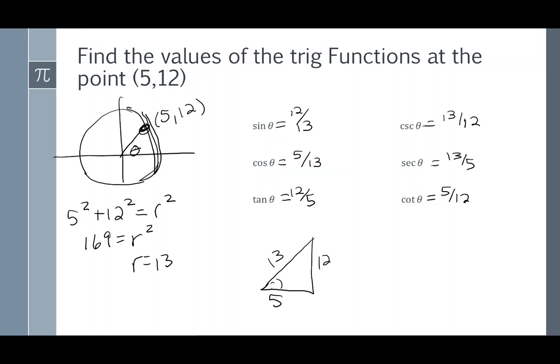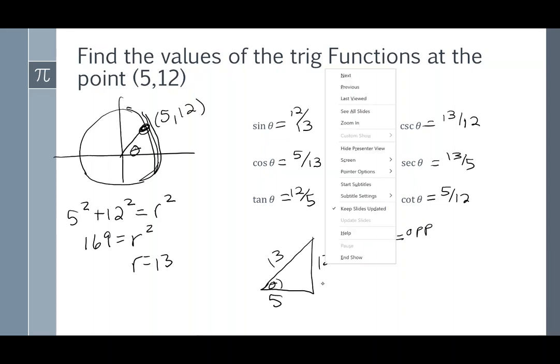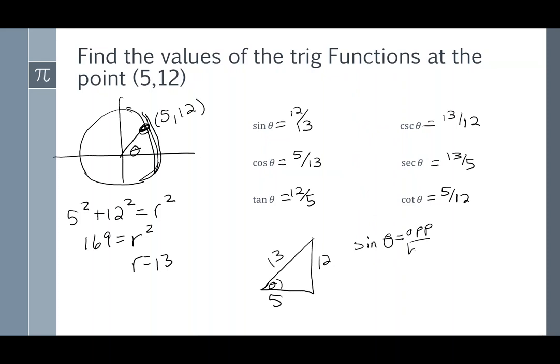So sometimes what you learned of sine might have been the opposite over the hypotenuse, but you can see here sine theta, if you look at the opposite, which was across from the angle, over the hypotenuse, it was 12 over 13, right?